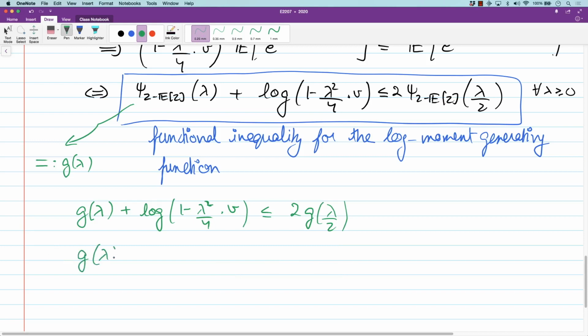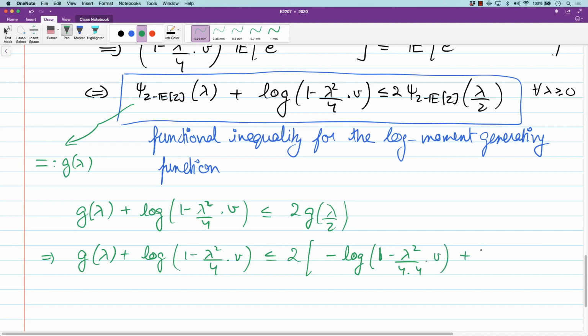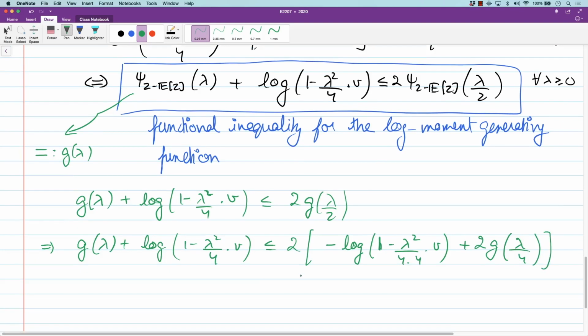So g of lambda is also less than or equal to, now I'll apply it once again to this function here because it holds for all lambda greater than 0. It's less than or equal to 2 times, I'll substitute the same thing here, g of lambda by 2, minus log of 1 minus lambda square by 4 into 4, because now it's lambda by 2, times v, plus 2 into g of lambda by 4. Okay.